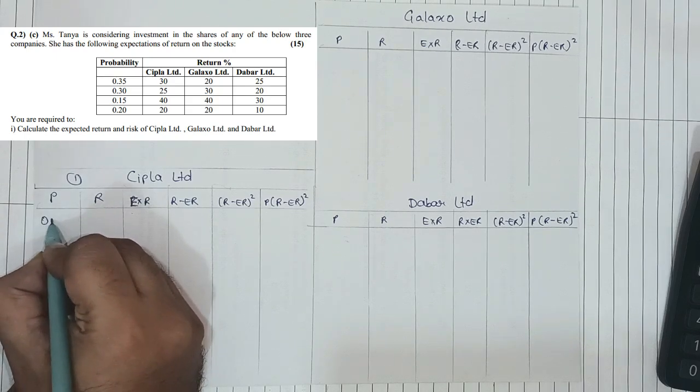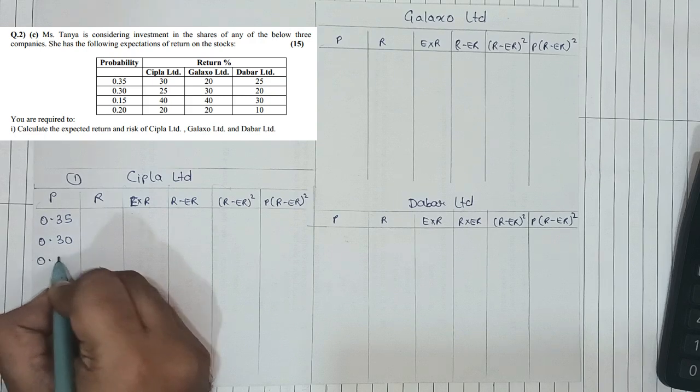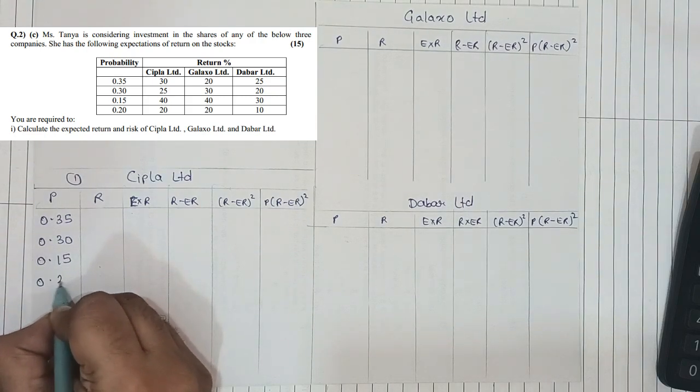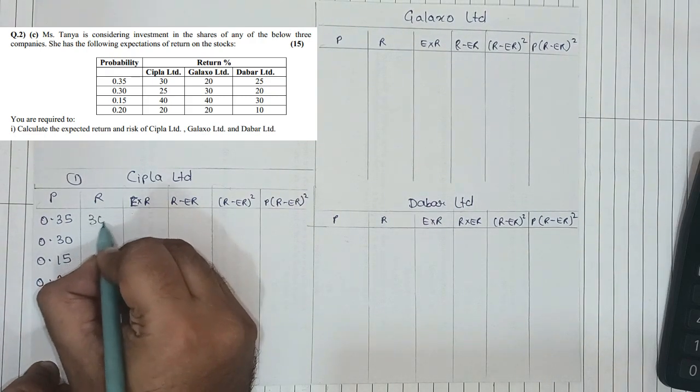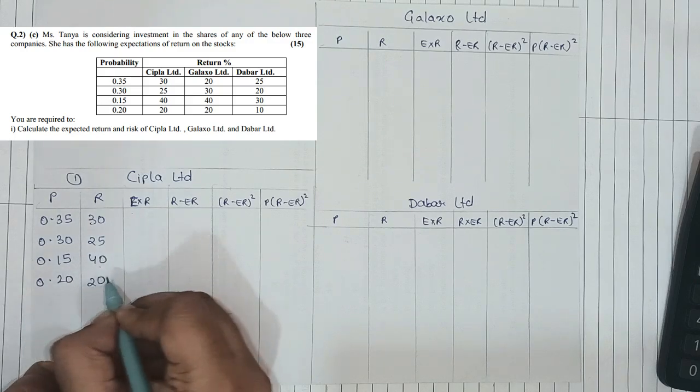The probabilities are 0.35, 0.30, 0.15 and 0.20. The returns are 30, 25, 40 and 20.